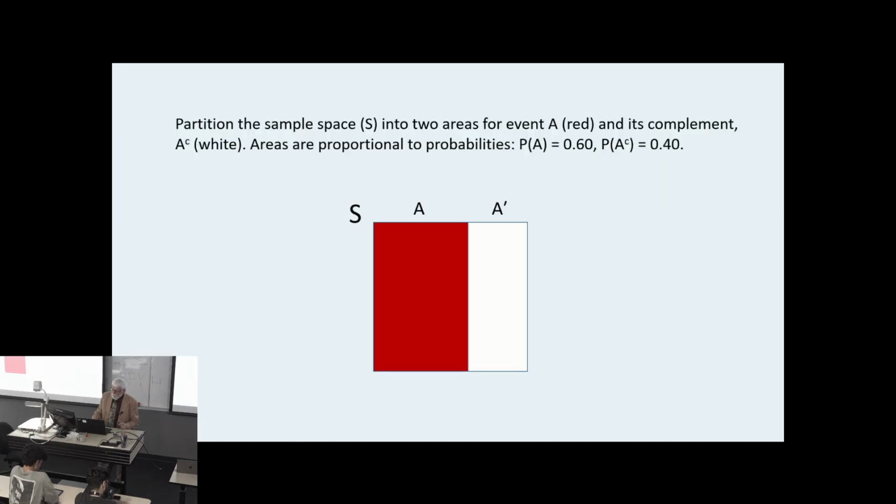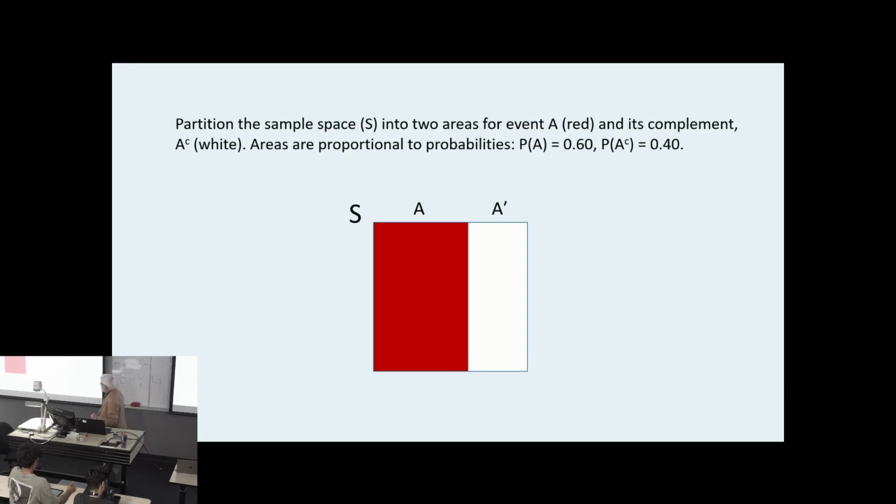So I'm going to start off, and I'm going to use the probability of A being 0.6, and so the probability of A complement is 0.4. I'm simply going to take a sample space with an area of 1 and partition it into 2 pieces proportional to the probability.